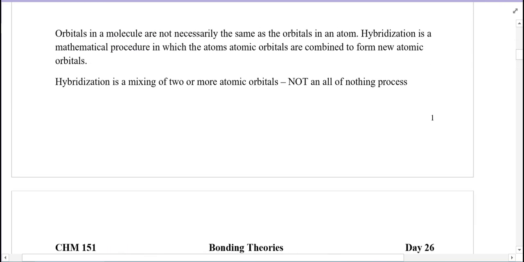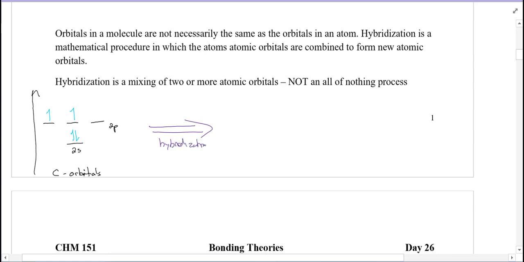So in this example, I have carbon. We've got my C orbitals, and they would be 2s and the 2p's. Right now we have up, down, up, up. What is this magical hybridization? And again, this is a mathematical procedure.